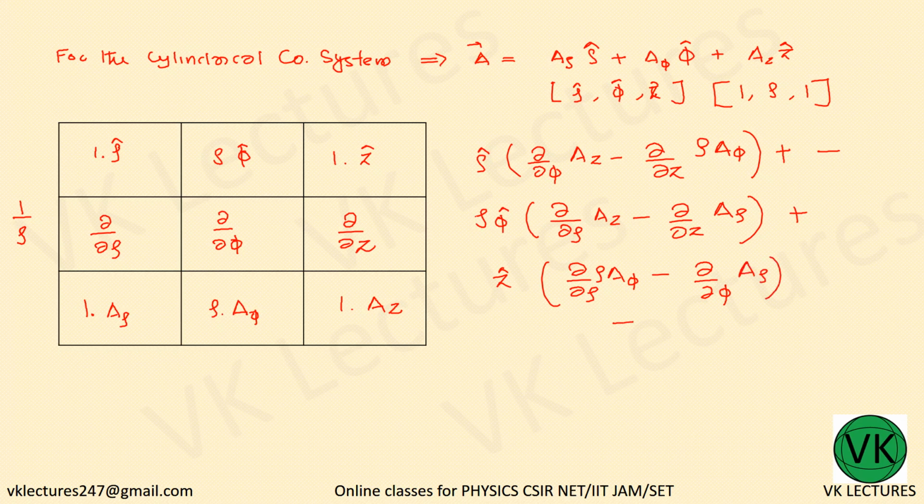So this is the curl of a vector. So this is del cross A in cylindrical coordinate system. So this entire thing you have to multiply by 1 by rho.